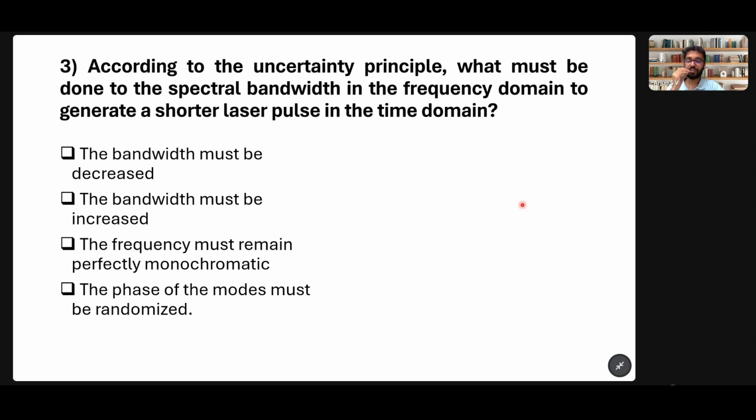So, question number three. According to the uncertainty principle, what must be done to the spectral bandwidth in the frequency domain to generate a shorter laser pulse in the time domain?